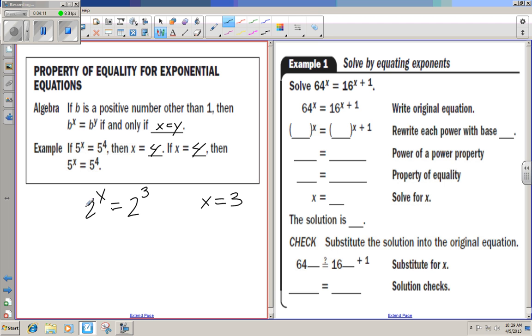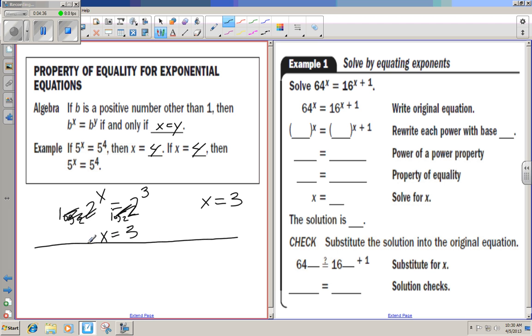But how do you undo, from previous sections, an exponential of base 2? Well, you take the log of base 2. They cancel out, and x equals 3. Now, you don't actually have to do that. You can simply say that the exponents have to be the same.